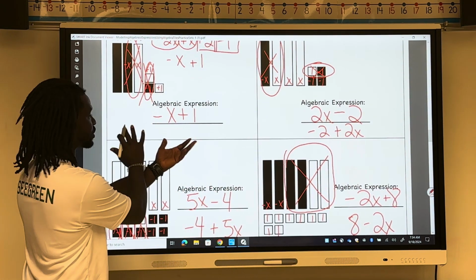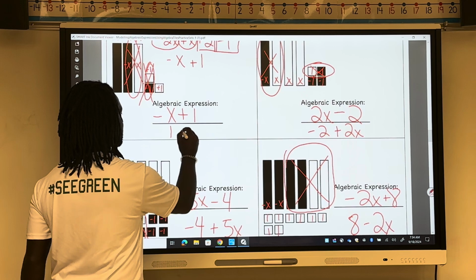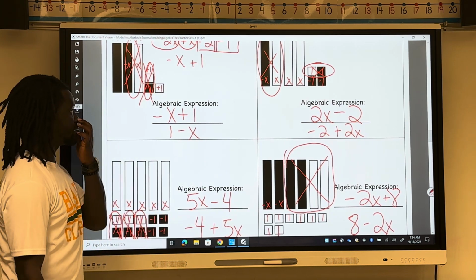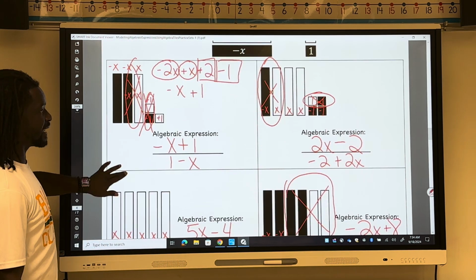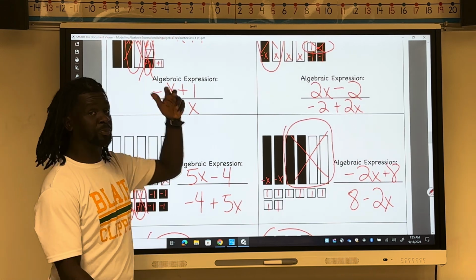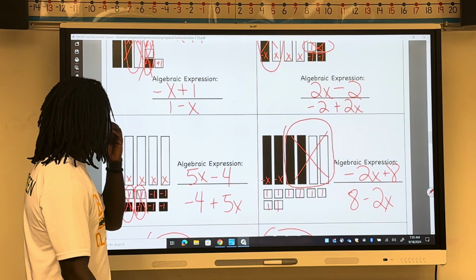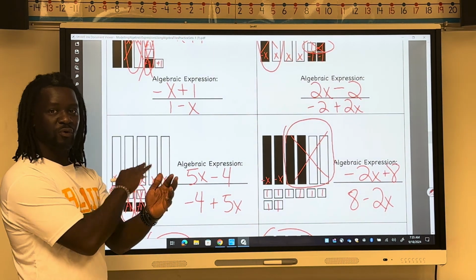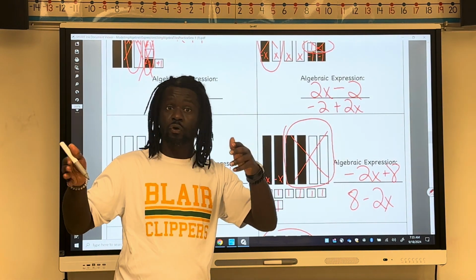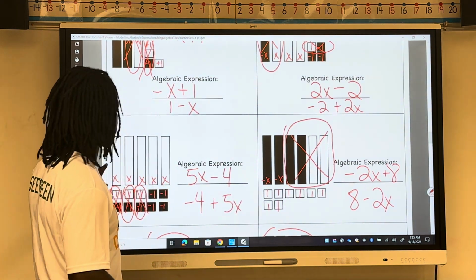Or again, I'm just switching them, right? Or I could have put 1 minus x. So again, those expressions are all equivalent, right? You can switch them. That is called the commutative property, where you can move it, right? 5 plus 4 is the same as 4 plus 5, right? So that's no big deal, all right?